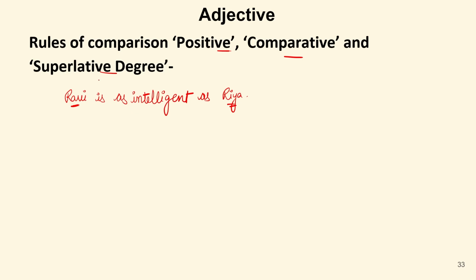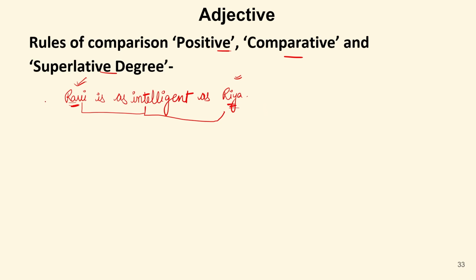It means the person that is Ravi is same as Riya, the other person, or he is as intelligent as she. It means both are same, both are intelligent on the same level, to the same extent. So in this case, both are behaving like a subject.